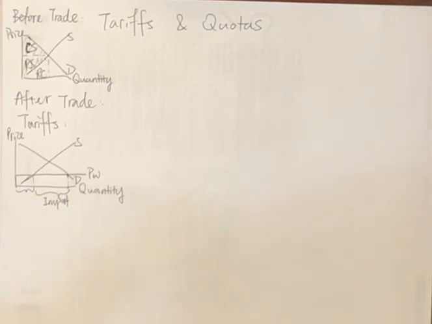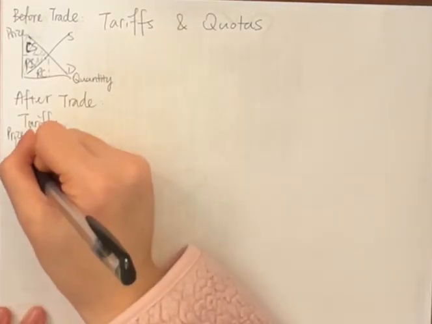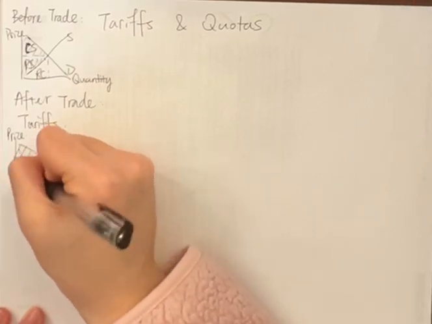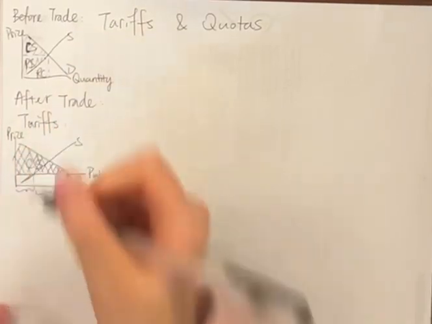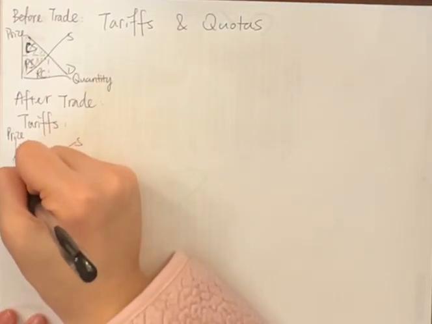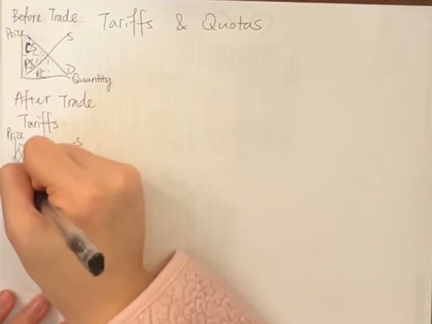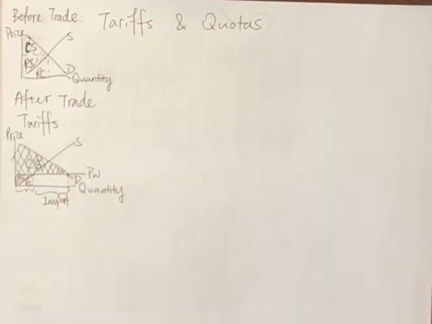And then after this, you can see that the consumer surplus becomes this whole triangle. See that? It becomes very big. And at the same time, the producer surplus has shrunk very much. It's only this, and this is the resource cost. So you can see who benefits from world trade before we set a tariff.